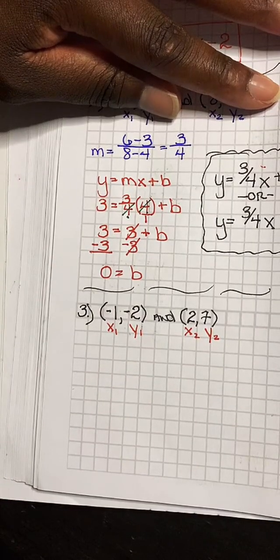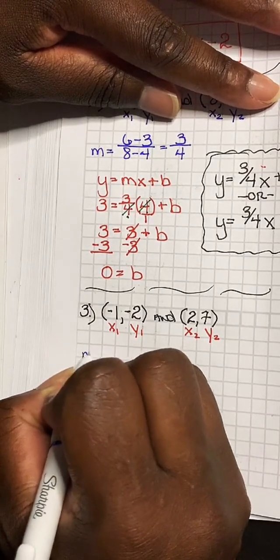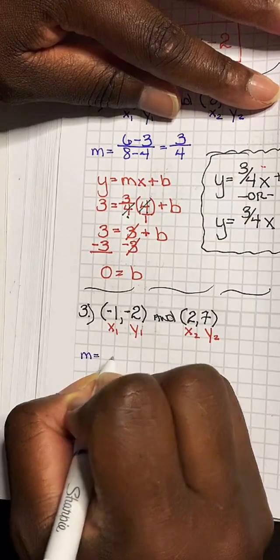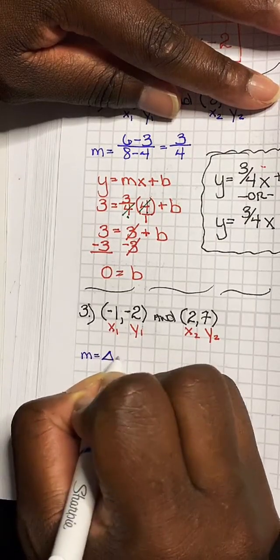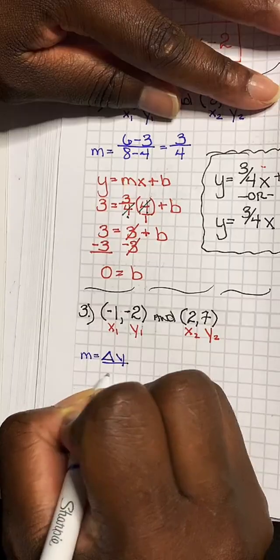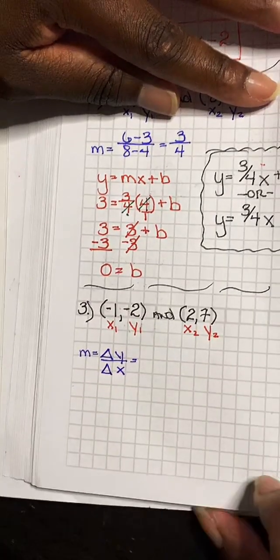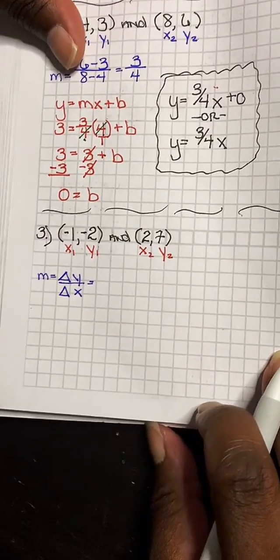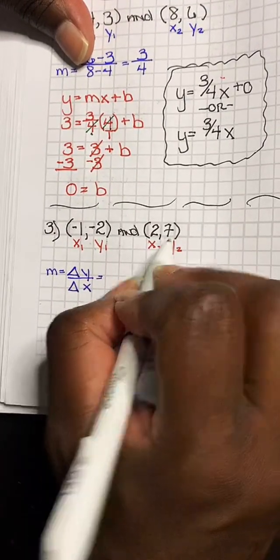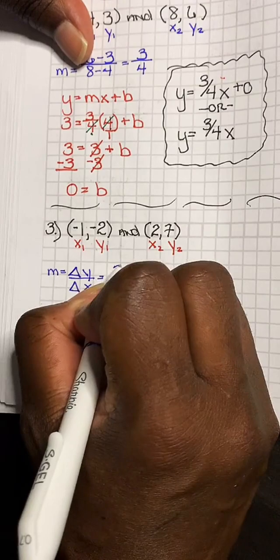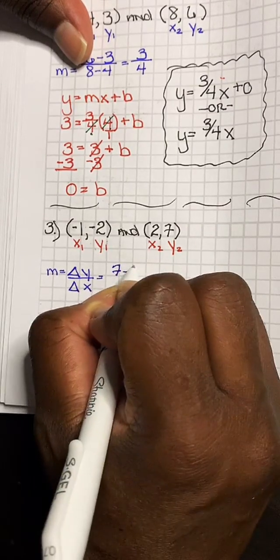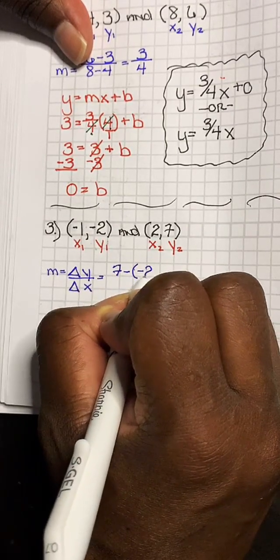Sorry. All right, so if we take a look, remember your slope is the difference of your y's over the difference of your x's. So for my y's, you guys like to go 7 minus a negative 2.